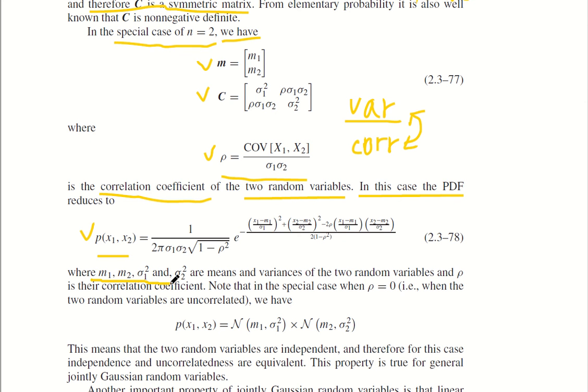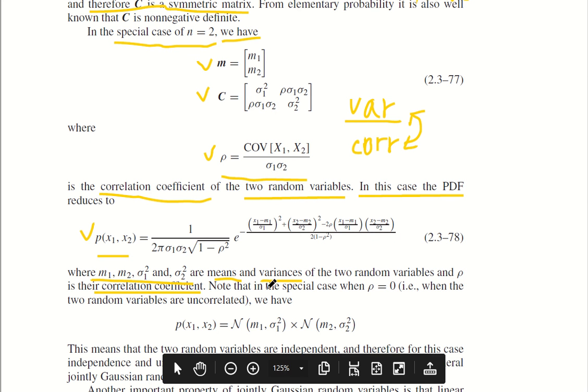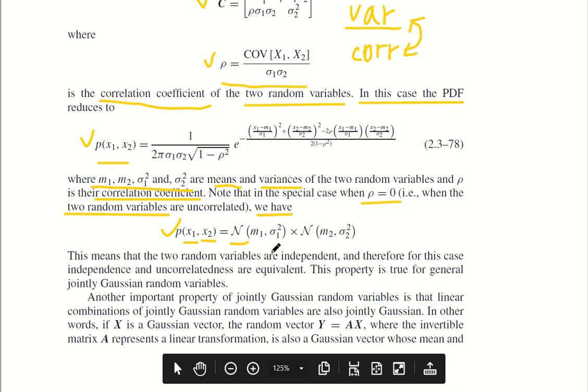So m1, m2, sigma 1, sigma 2 are means and variances of the two random variables, and rho is the correlation coefficient. And note that in the special case when rho is equal to 0, the two random variables are uncorrelated, and we have p(x1, x2) equal to a regular Gaussian multiplied by a regular Gaussian.